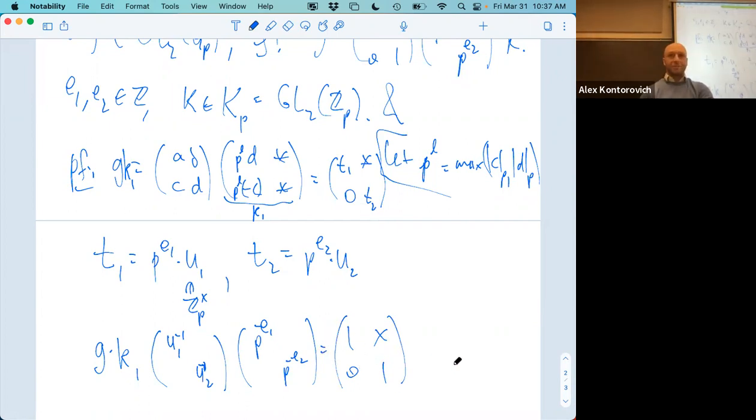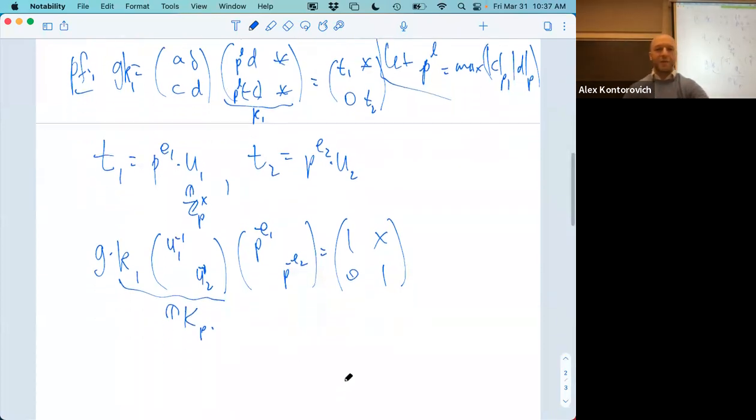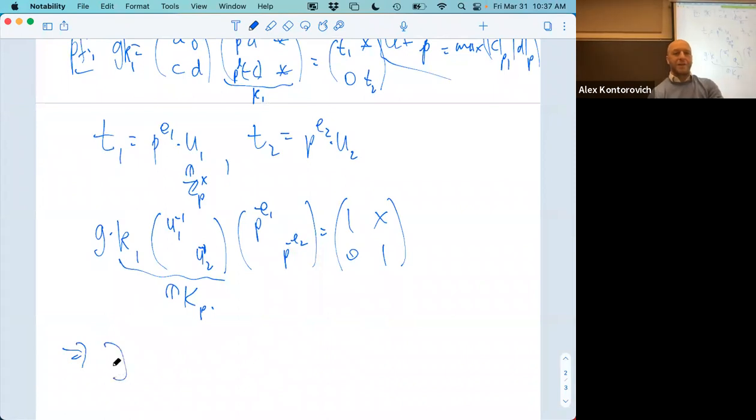Is that clear? Yeah. And the point is, this is also in K. So this is still in K. Therefore, there exists a representation of G as 1 x 0 1. Now I'll multiply on the right by P to the E1, P to the E2.